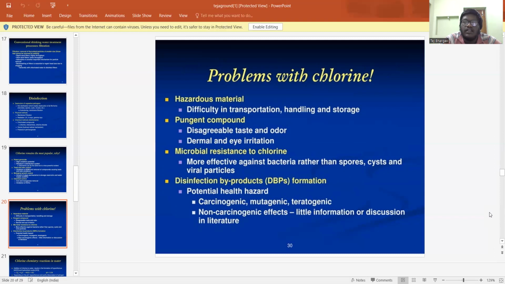Disinfection by-products, DBPs, form and are a potential health hazard: carcinogenic, mutagenic, teratogenic, and non-carcinogenic. There is little information or discussion in the literature.